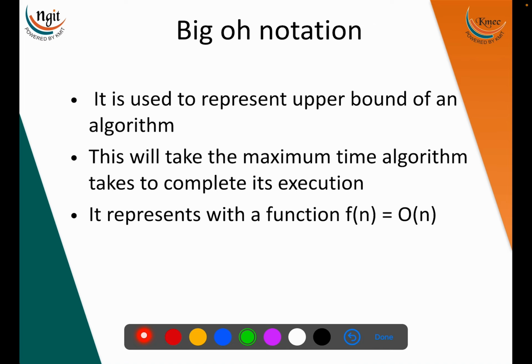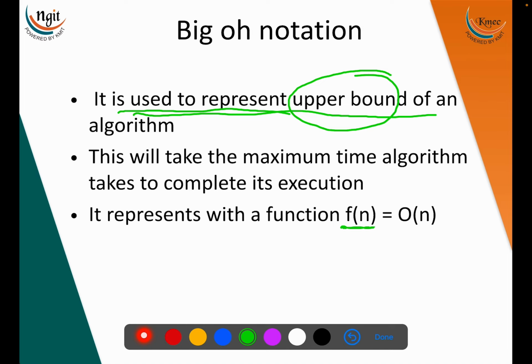Big O notation is used to represent the upper bound of an algorithm. Though all these 3 notations calculate best, average and worst, there is a special constraint for big O notation: it is used to represent the upper bound of a function. Assume that your function is f of n.